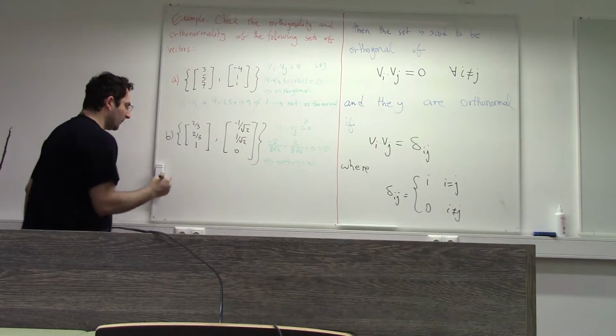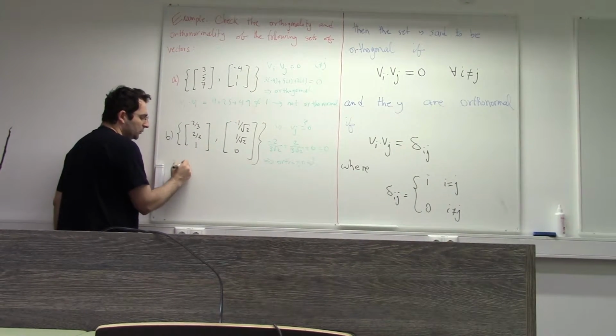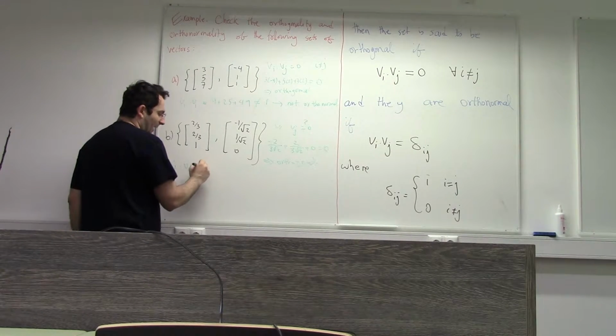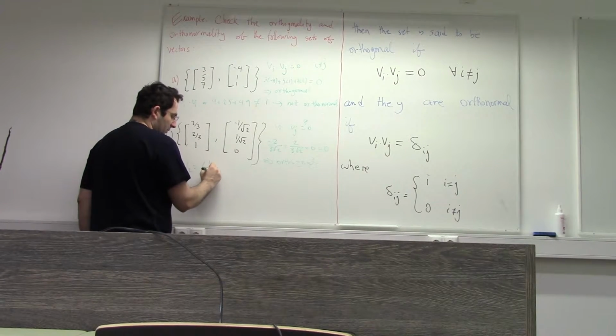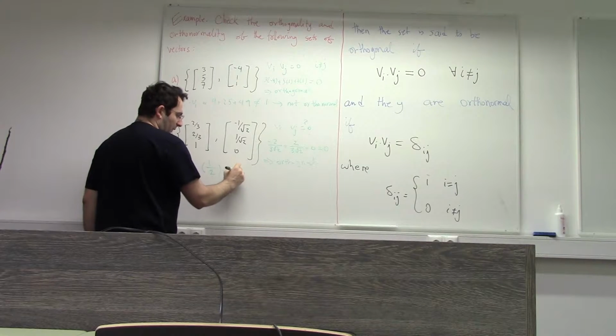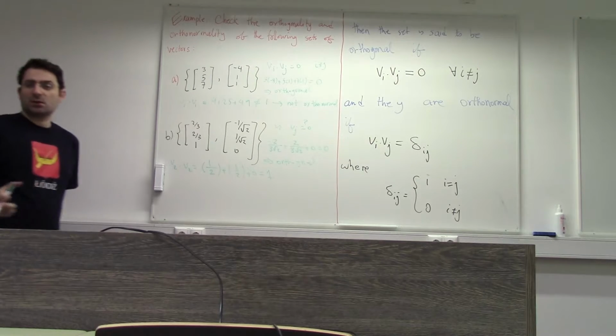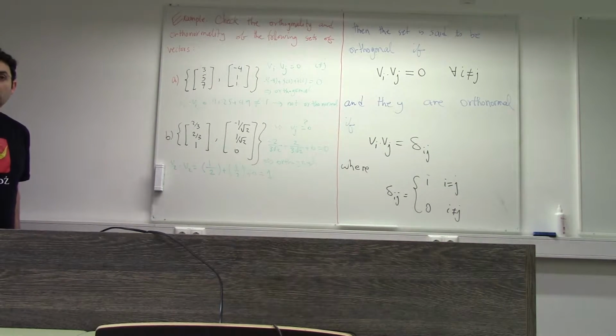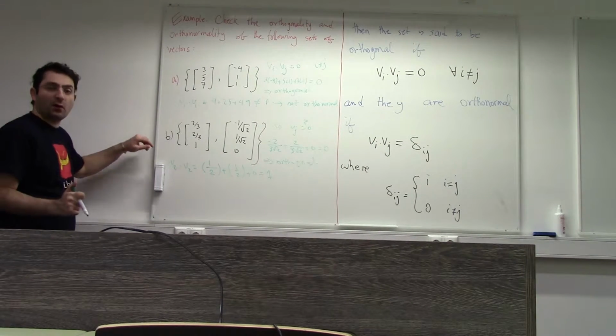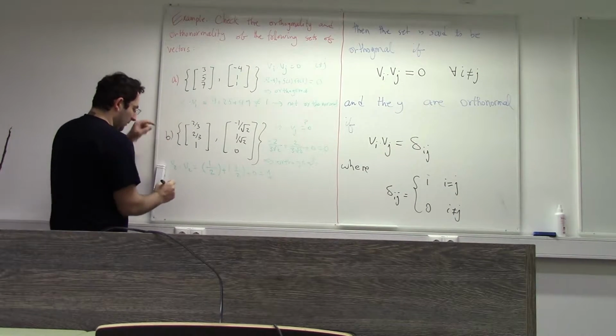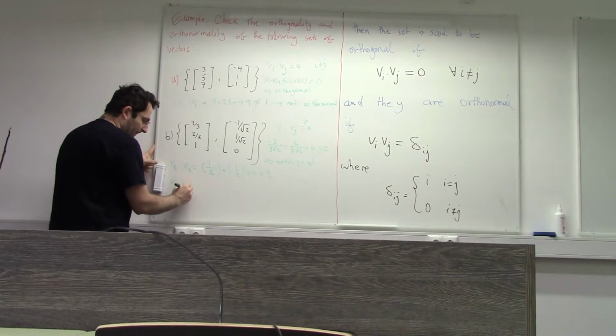Let's see for the orthonormality. Let's say v2 dot v2. We get 1 over 2 plus 1 over 2 plus 0, which is 1. So is it orthonormal? Yes. No, we have to check for all. Let's see v1 dot v1.